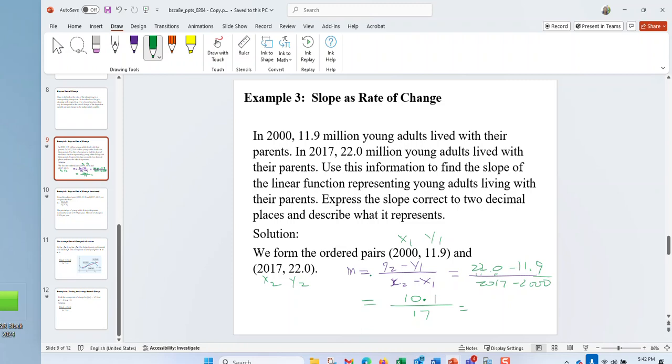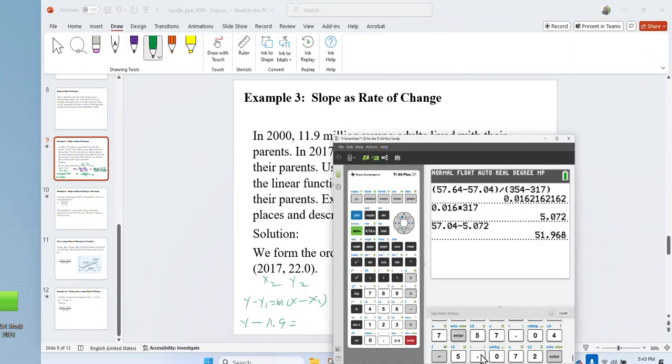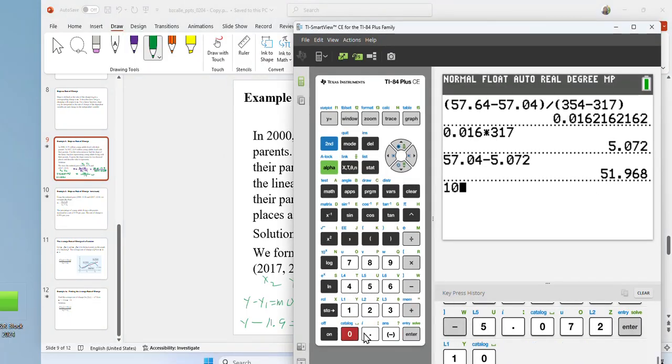And then we're going to use y minus y1 = m times (x minus x1). So y minus y1, that's y minus 11.9 equals m. For m, we estimate 10.1 divided by 17 to see what we get.